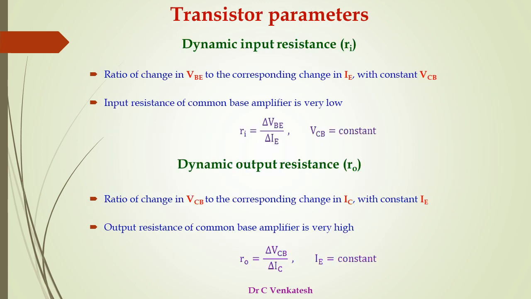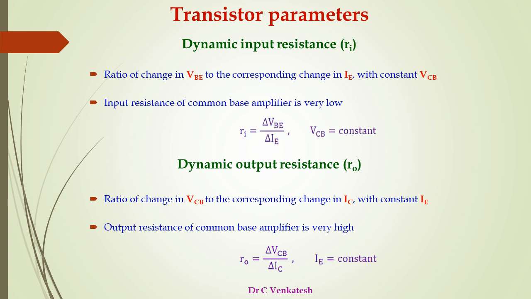Next, we are going to see the transistor parameters. Here we are going to see dynamic input resistance, dynamic output resistance, and current gain. First, dynamic input resistance represented by Ri.